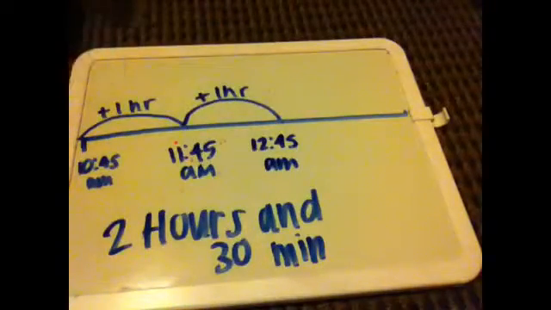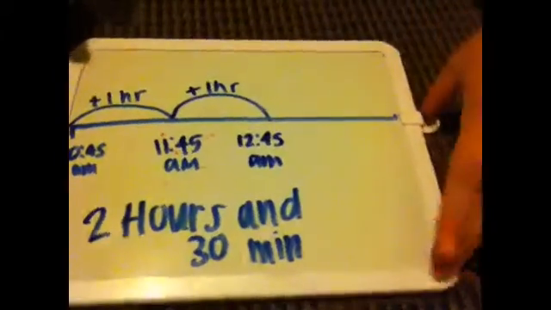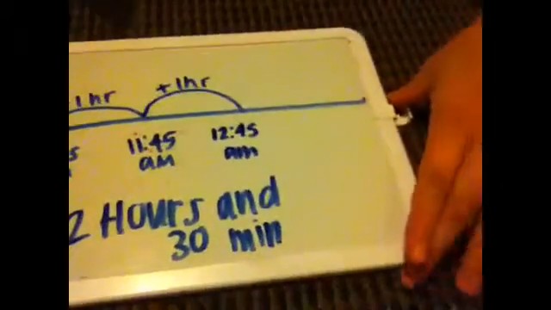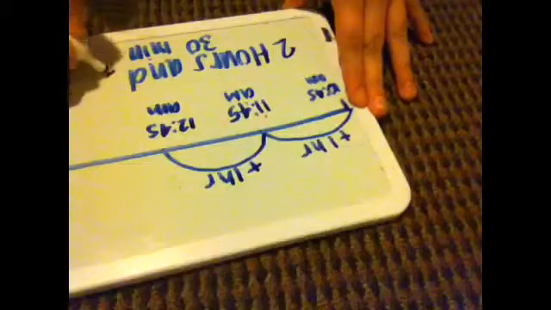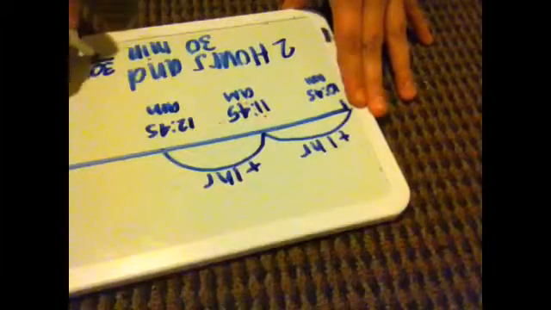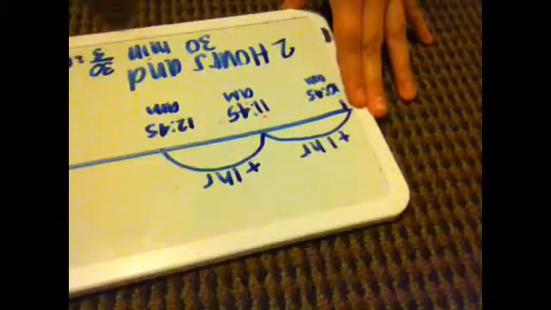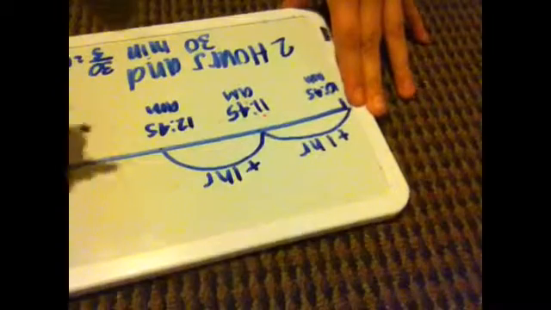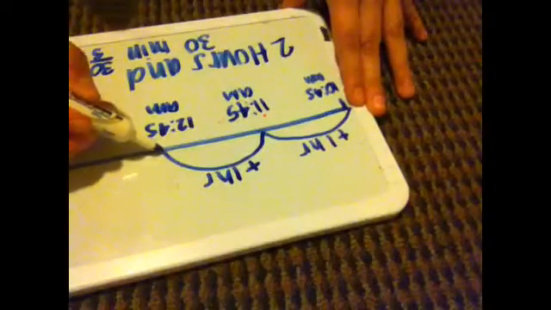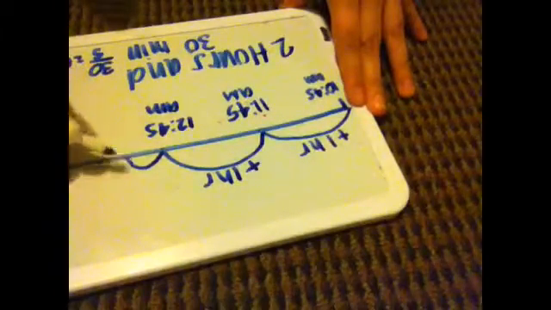And we can break that down to either 3 sets of 10 minutes or 6 sets of 5 minutes. So let's just break it down into 5 minutes to make it easier since we're doing this for the first time. So we could do 30 divided by 5, and that gives us 6. So we're going to jump 6 times for 5 minutes. So we're going to jump here.